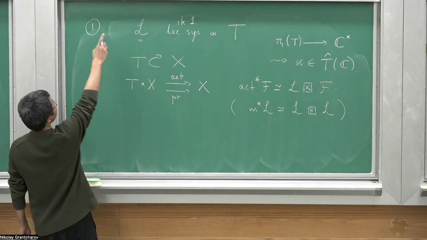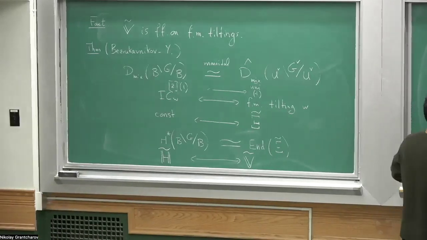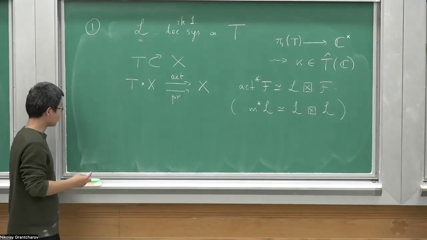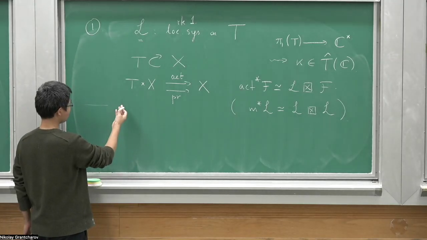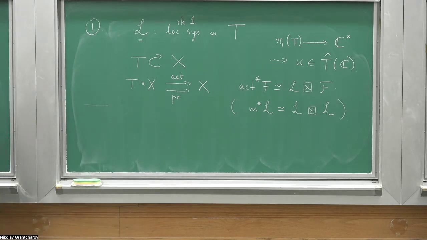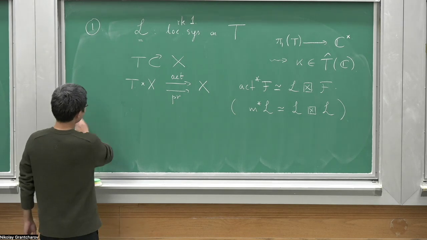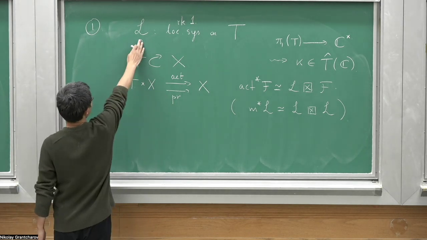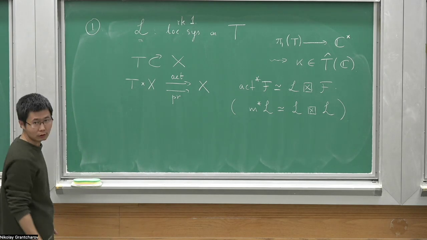We would like to have an analog of H tilde in this setup. But the naive hope, that you just still use global sections, is going to give you nothing, because for these sheaves, if L is non-trivial, the global sections are all 0.